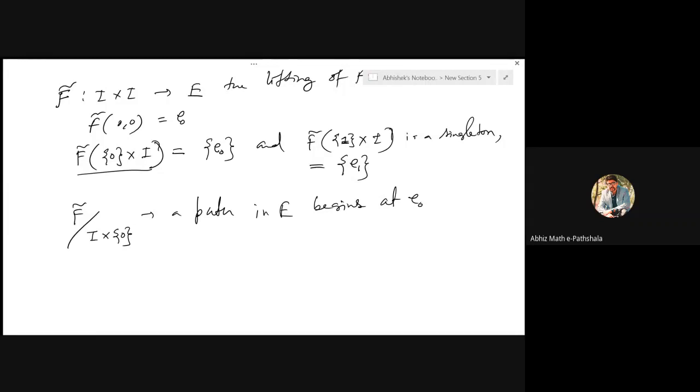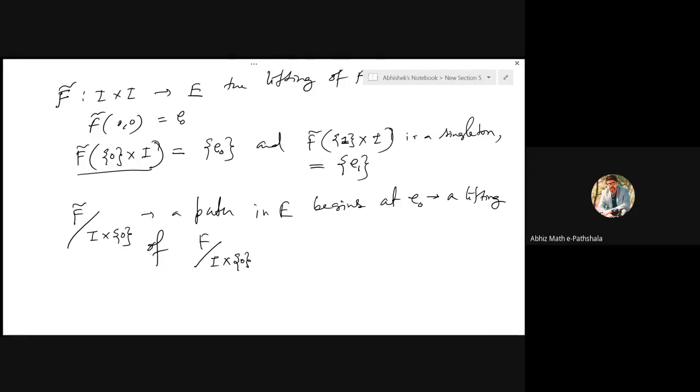And this might be a lifting of the path F restricted to I cross singleton 0.